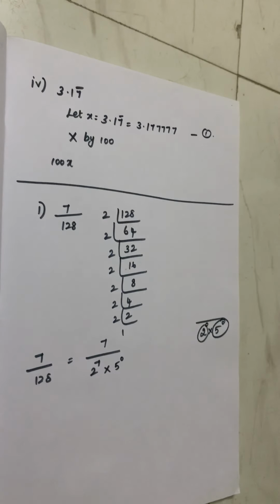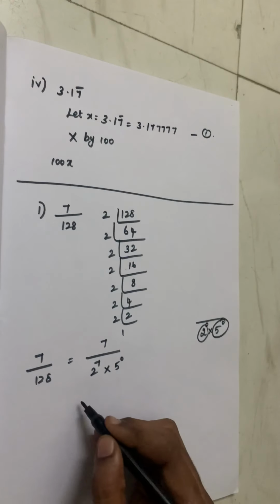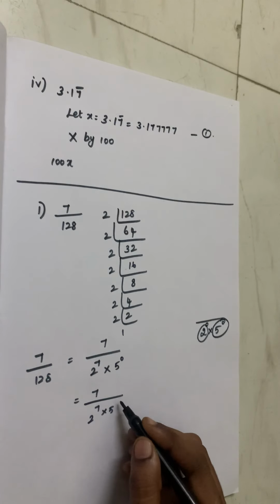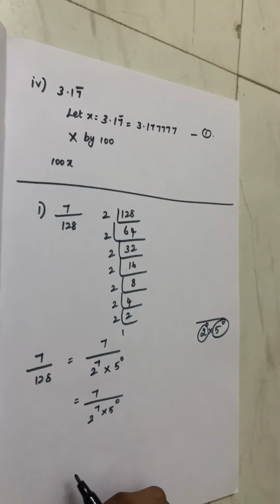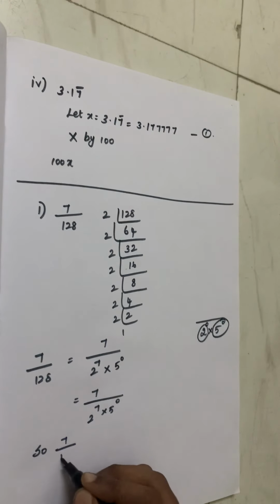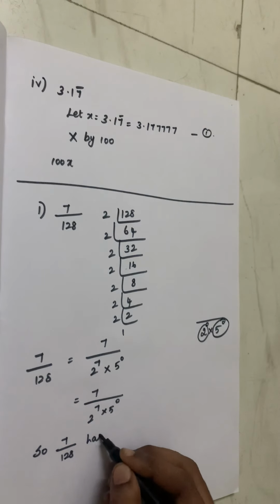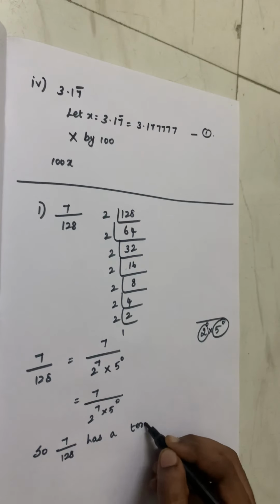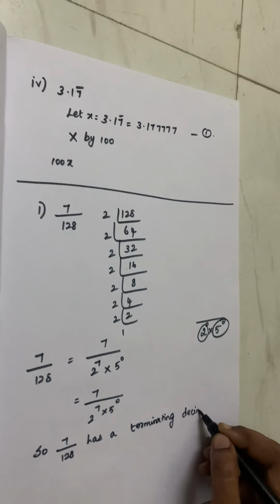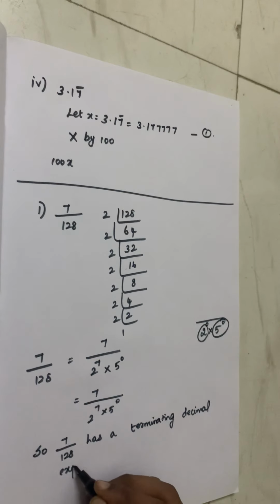So the answer is 7 by 2 power 7 into 5 power 0. So it has a terminating decimal expansion. So 7 by 128 has a terminating decimal expansion.